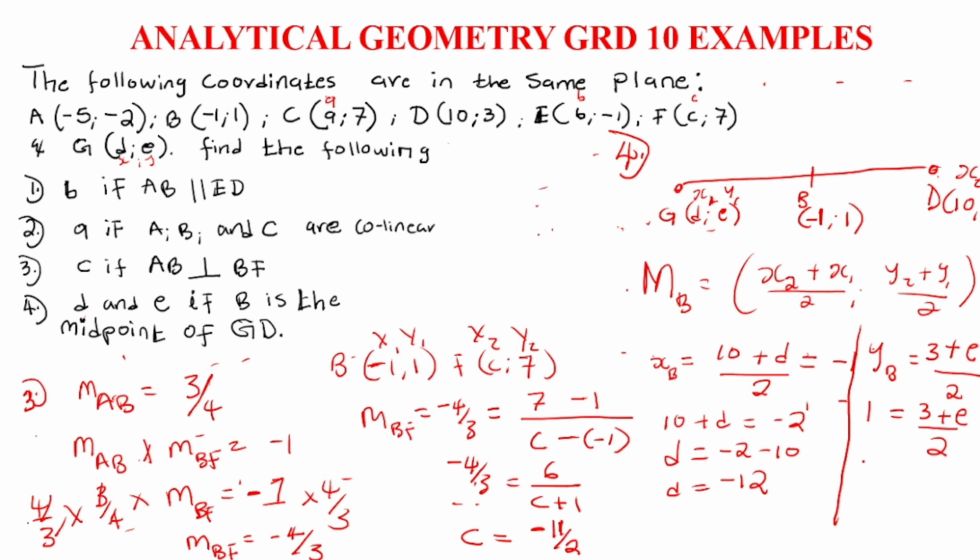Then you cross multiply, and you should have 3 plus E equals 2. Then you take the 3 to the other side, E equals 2 minus 3. Therefore, E is equal to negative 1. Therefore, the coordinate of G will be (-12, -1). And that's how you would deal with this question, ladies and gentlemen.